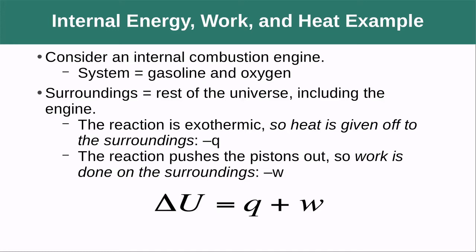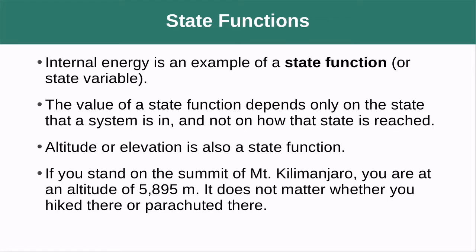It's going to give off heat, so Q is negative. And the reaction pushes the pistons out, right, by expanding. So work is negative. And ultimately the gas and oxygen have decreased their internal energy by releasing it out into the world.